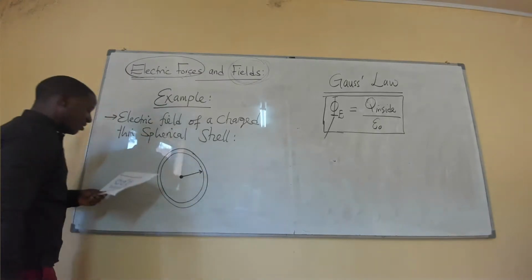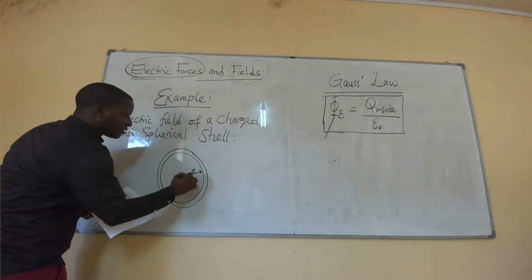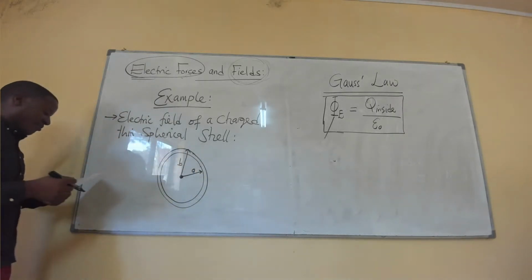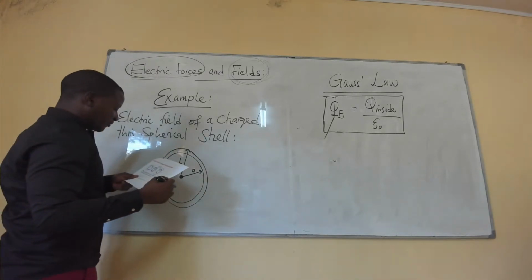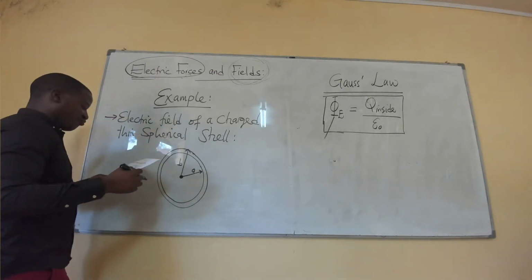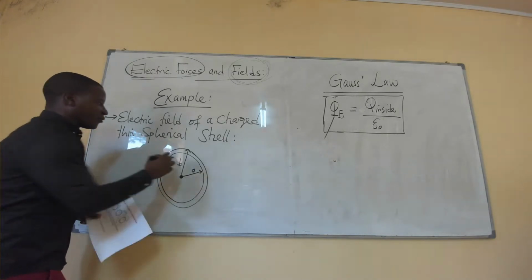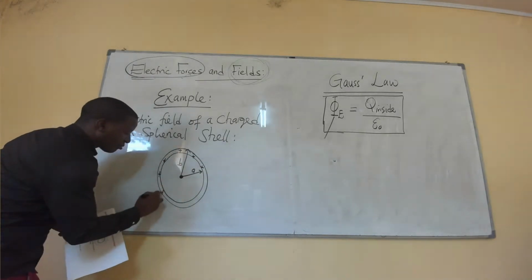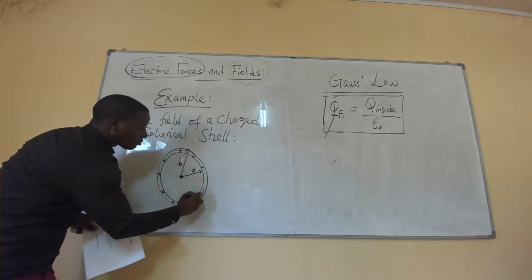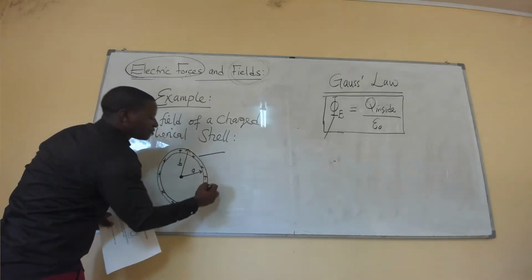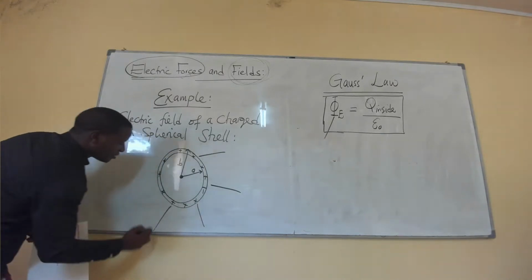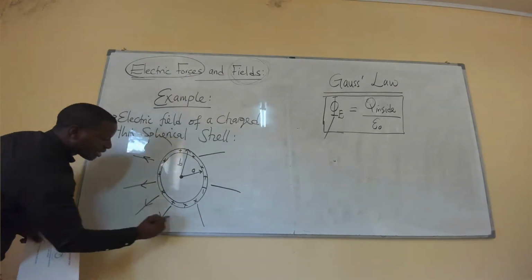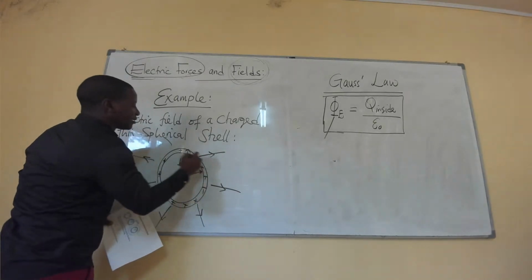This becomes our distance A. Then that becomes our B. Okay, so if we are taking this to be positive, it means we'll have some electric field, sorry, that is going outside that way.